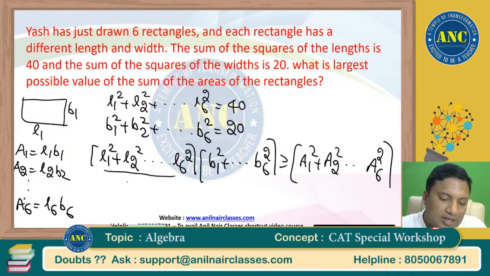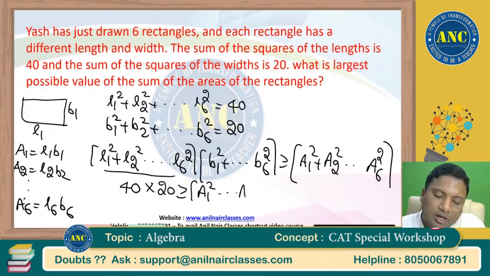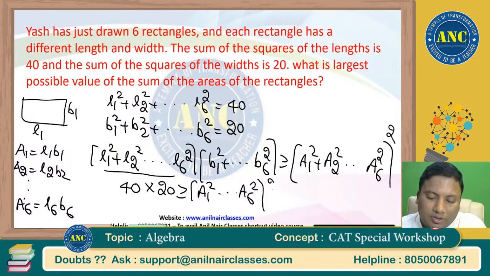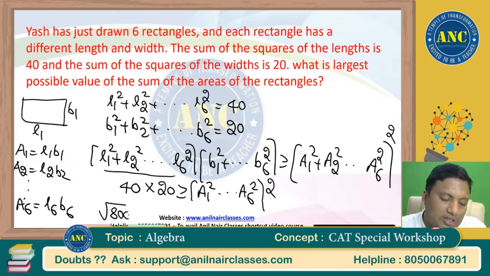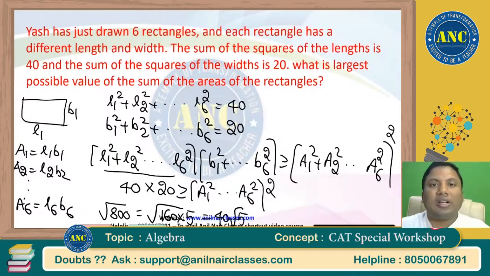This value is given as 40, this value is given as 20, greater than or equivalent to (A1 and so on up to A6) whole square. So answer is nothing but root of 800, which is root of 160 into 5. Answer is 40 root 5. Again, a beautiful application of Cauchy-Schwarz inequality.